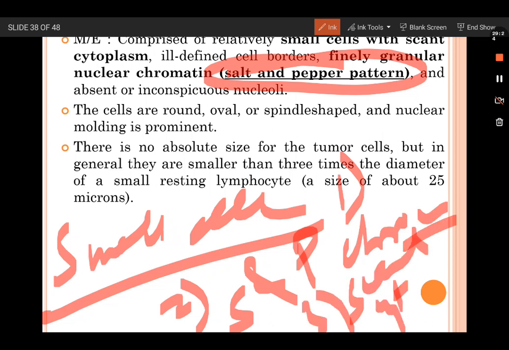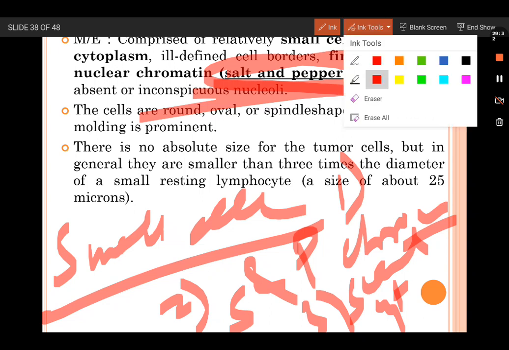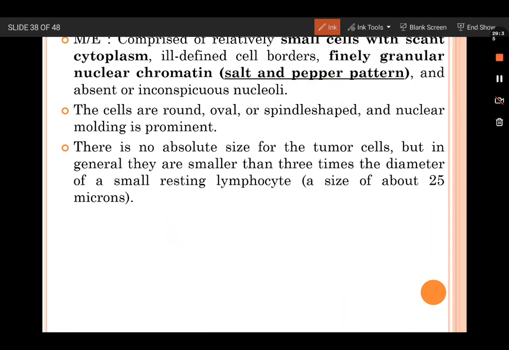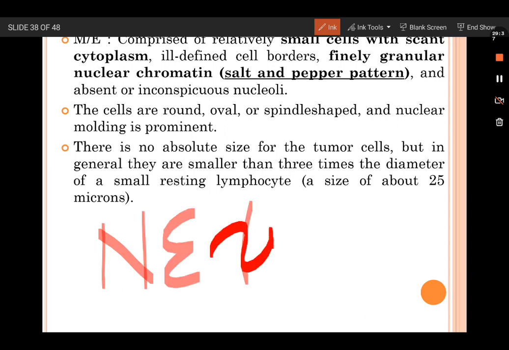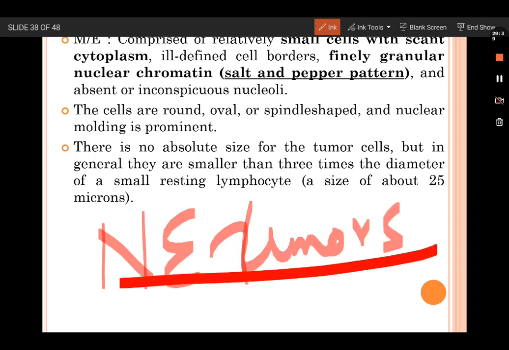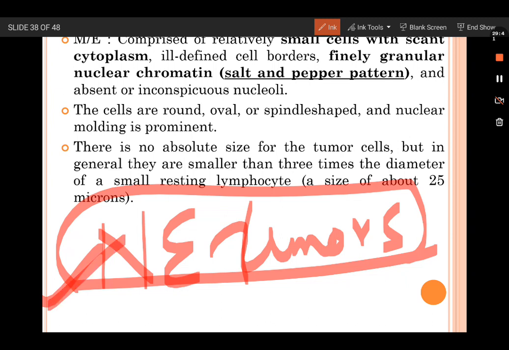Only the nucleus is seen, and what do you see in the nucleus? Salt and pepper chromatin. Remember this term, okay? Salt and pepper chromatin is a pattern seen in neuroendocrine tumors, and small cell carcinoma happens to be a neuroendocrine tumor.